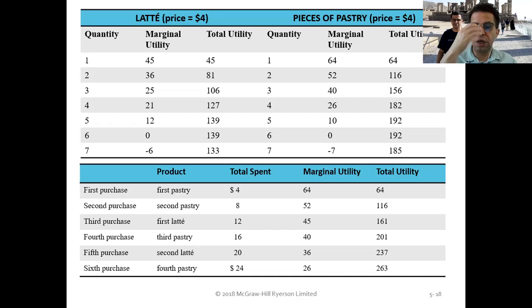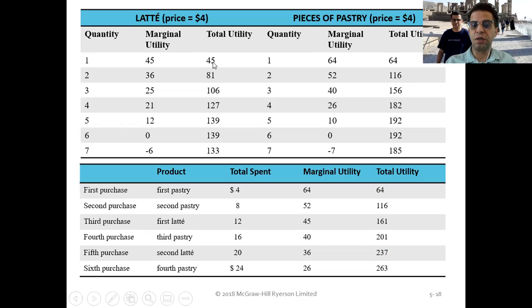Let's look at this. We have a piece of pastry, which is $4, and we have the latte, $4. We assume here the prices are the same. Now, the marginal utility for the latte is 45.